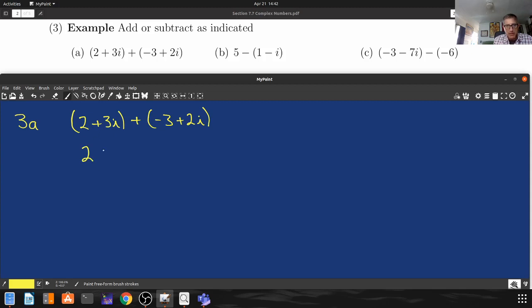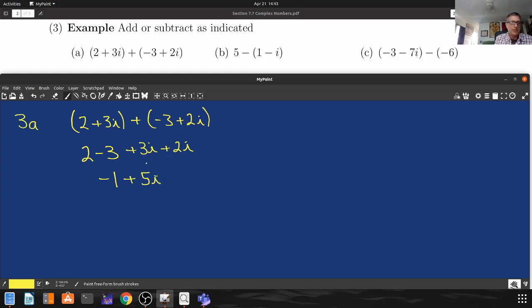The real part here is 2, and the real part over here is minus 3. So I add together the real parts, and then I add together the imaginary parts. So 2 minus 3 is minus 1, and 3i plus 2i, I have 3 of something and I add 2 of that something, and that gives me 5i.